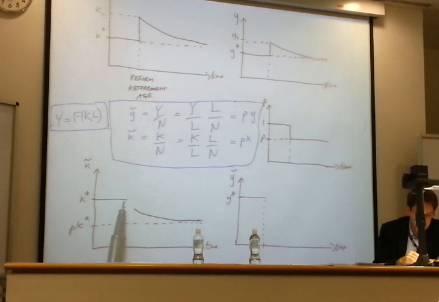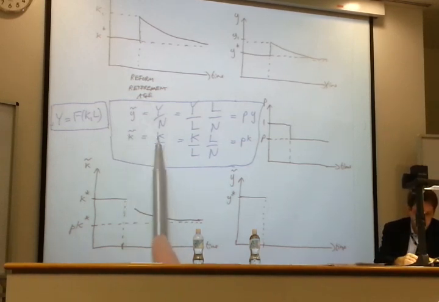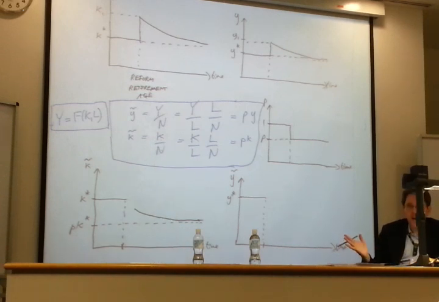What about the day immediately after the reform? Look at the definition. K tilde is K over N. Does either K or N change at all from one day to the next?